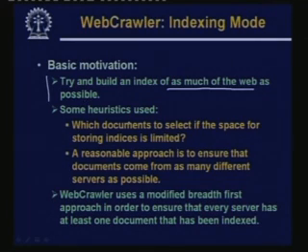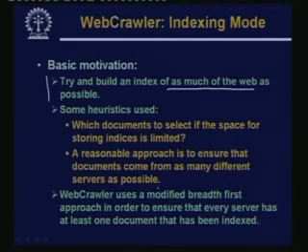So the web crawler uses some heuristics. These heuristics try to answer some questions. Which documents to select if the space for storing indices is limited? Of course, a reasonable approach, as I mentioned earlier also, is to ensure that documents come from as many different servers as possible.